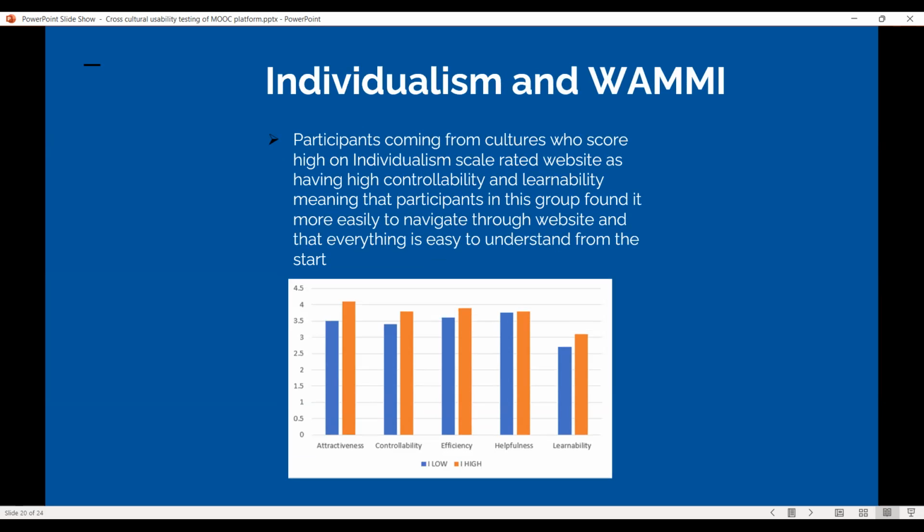When looking into individualism versus collectivism and the VROOM questionnaire, we can see that participants coming from cultures that score high on the individualism scale rated the website as having high controllability and learnability, meaning that participants in this group found it easier to navigate through the website and that everything is easy to understand from the start.